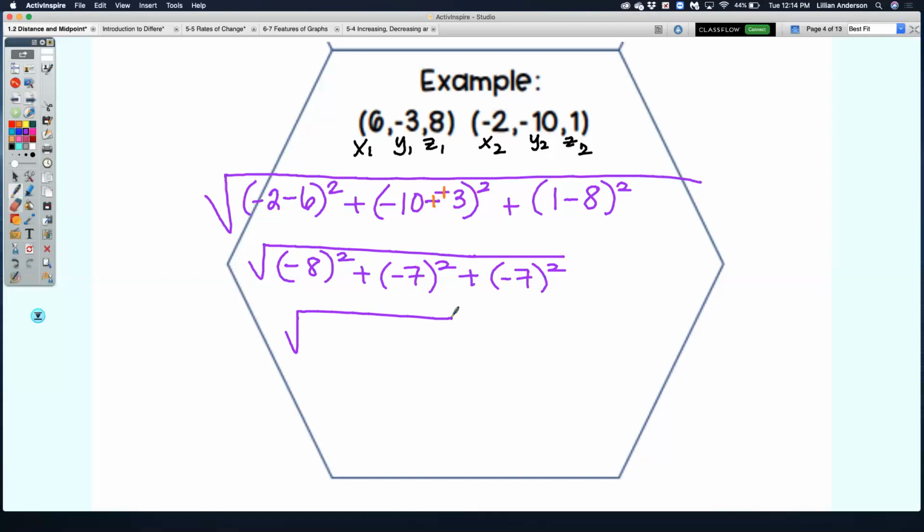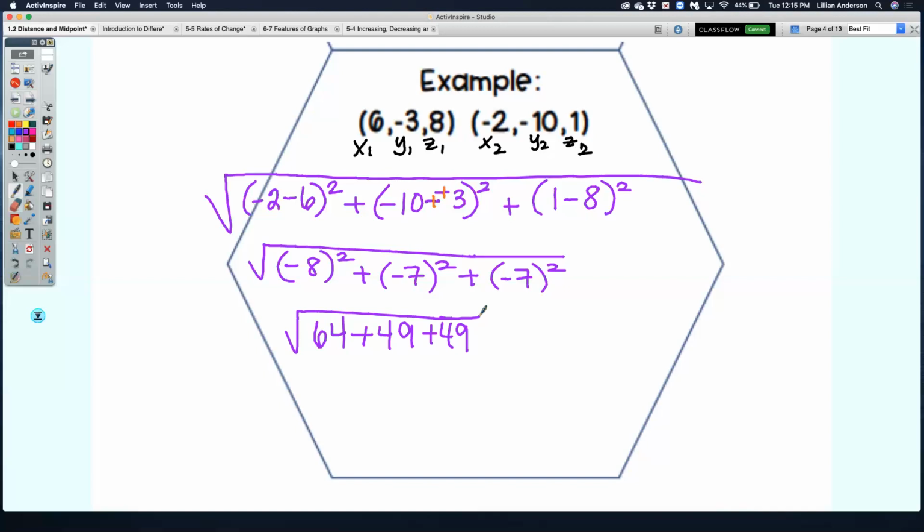Okay, good. So then -8 squared is 64. What about -7 squared? Y'all should know your perfect squares. 49. And then plus 49 one more time. So then we need to add those together. What's 64 plus 49 plus 49? 162.